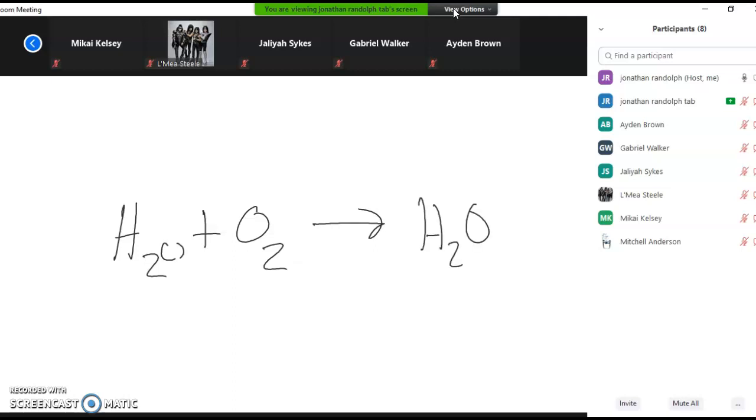And just for good measure, I'm going to put G's out the side of these. This water is actually in its gaseous form also. So you've got two gases put together that yield a liquid or a gas, which is water.